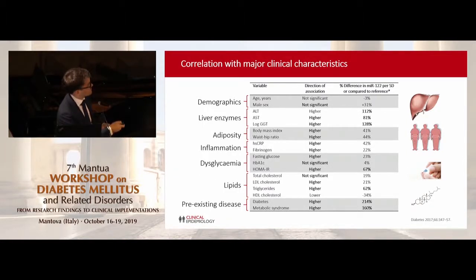So positive correlations with total and LDL cholesterol and triglycerides, and an inverse correlation with HDL cholesterol. And strikingly, the strongest association was observed with pre-existing diseases. So people with diabetes or with metabolic syndrome had markedly higher levels of microRNA 122.